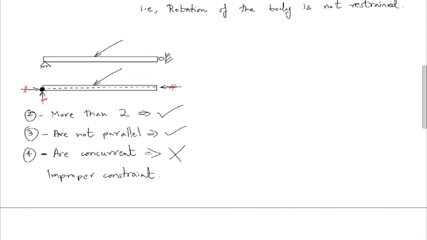And then right at the end of the class, I introduced another system, which was a plate restrained by rollers like these, and asked if this was proper or improper constraint. Let me separate these two.